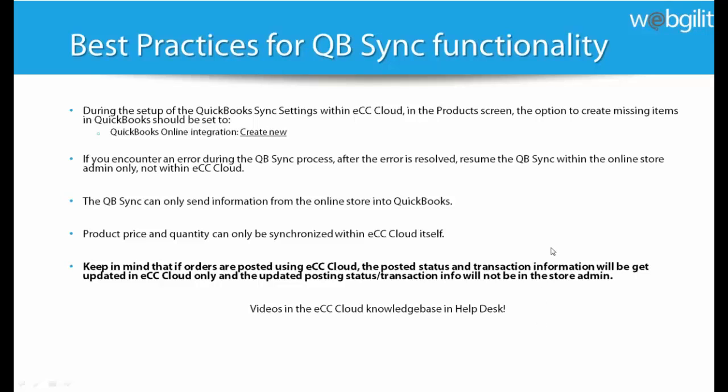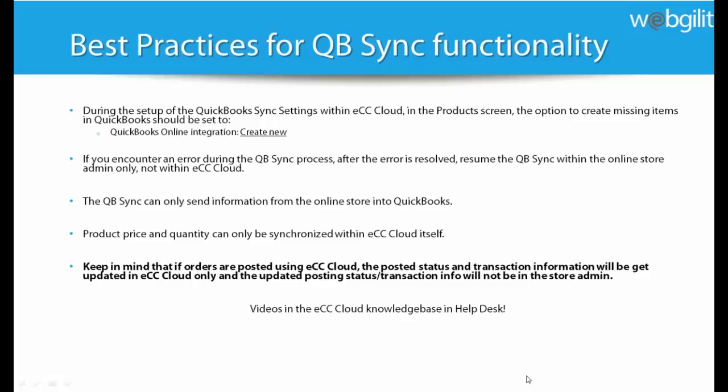So back to my last best practice. This is something that, as I was making the user documentation, I really wanted to focus on. Once you start posting orders to QuickBooks using the QB Sync widget in the admin area of either Magento or ZenCart, you must always continue to post orders from the admin in that way.